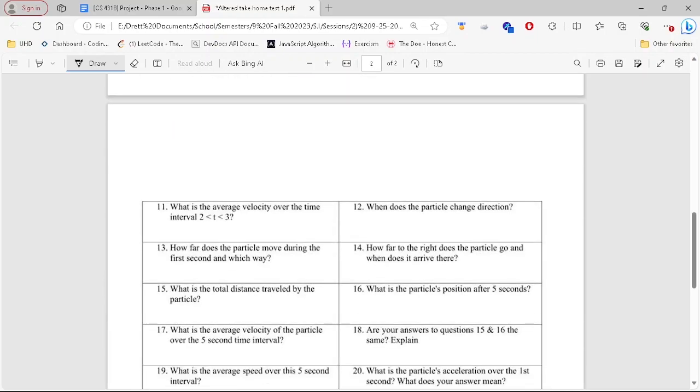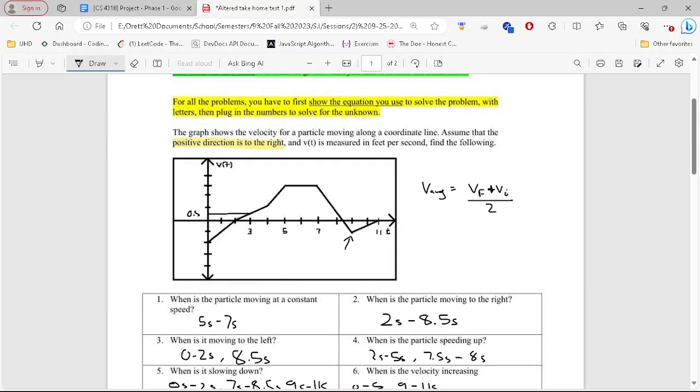From 2 to 3 seconds, let's calculate the final velocity first. The final velocity is 0.5 feet per second, and it's positive, plus 0 feet per second, divided by 2. So the average velocity from here to here is going to be 0.25 feet per second.